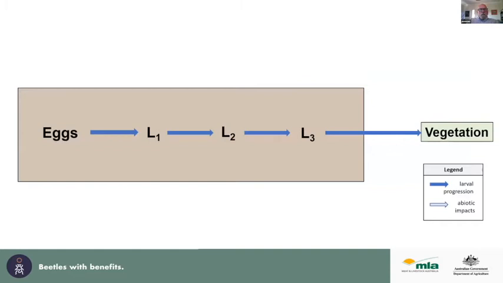This is just a simplistic view of the model. We have eggs that hatch and go to the first instar larvae, second instar, and third instar. And this is occurring within the shaded box indicating dung. And then the L3s leave the dung and go to vegetation.